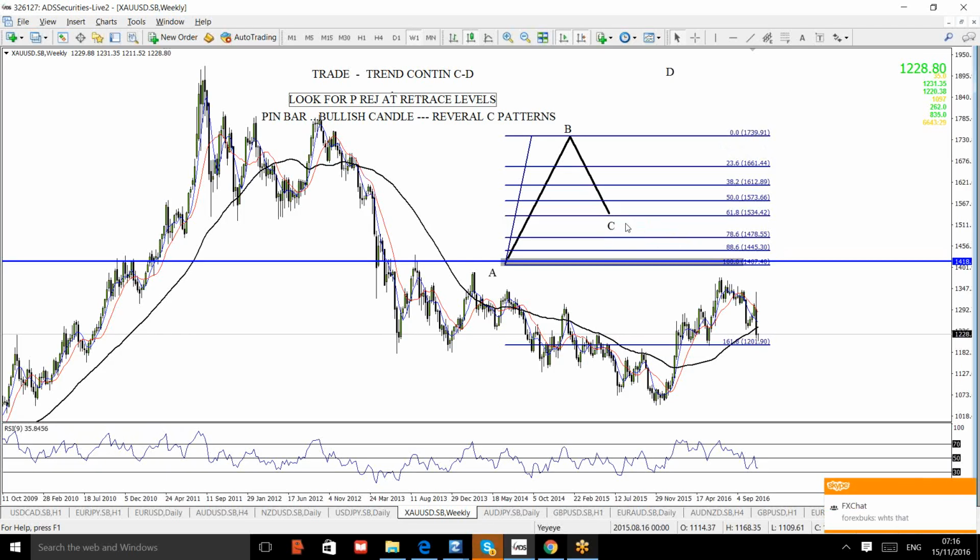In a bearish trend, you want to see bearish reversal candlestick patterns. Understand, guys, completely. So when you're taking this trade, your mindset has to be clear, not confused. Understand? 100%. Everybody understand? This is for the trade CD, the trend continuation trade. Understand, guys? Everybody say a big yes if you understand.